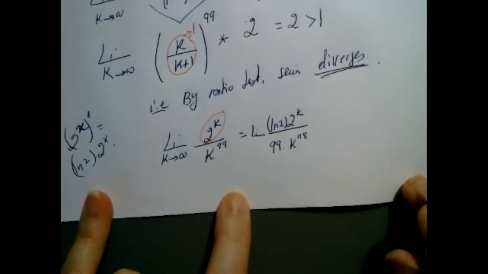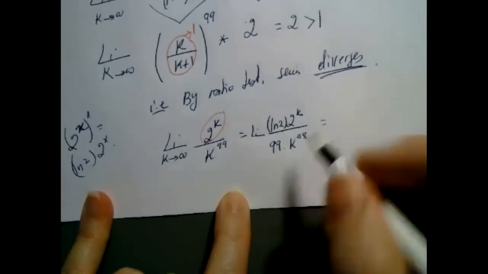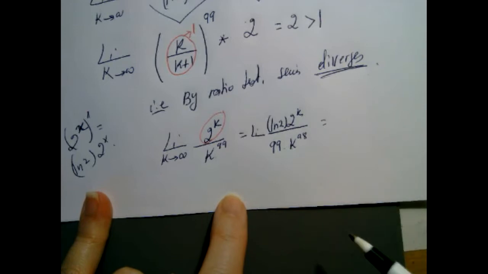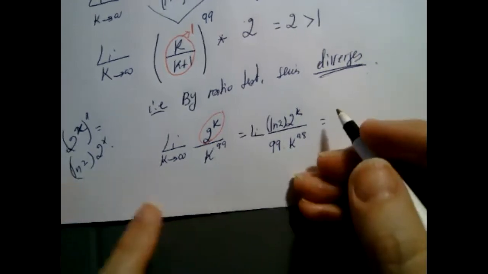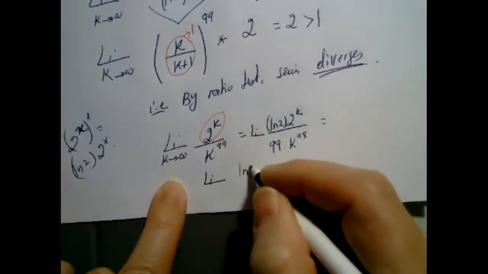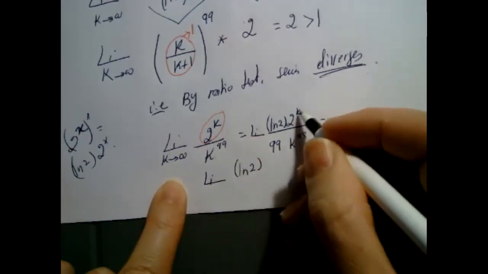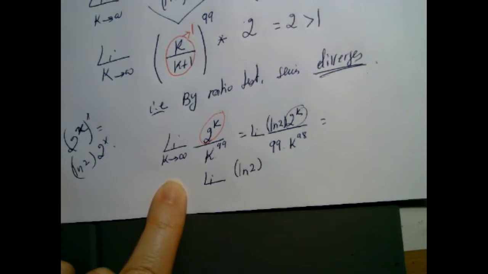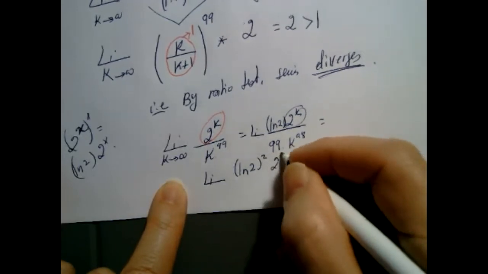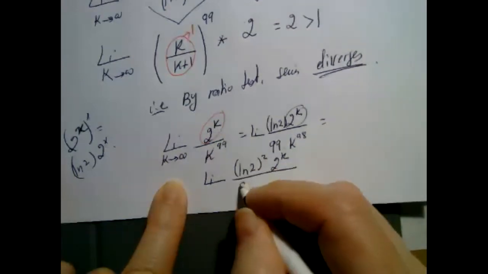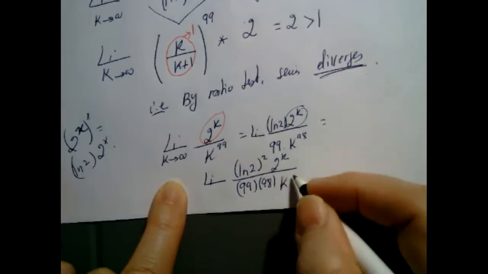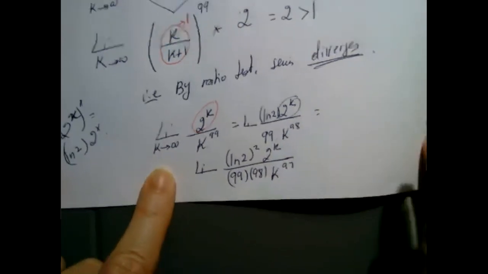Am I correct? When k goes to infinity, it's infinity over infinity, so I still have to apply L'Hopital's rule again. I'm not going to apply it forever because it's going to be boring. I apply it again. ln 2 is a constant. The derivative of 2 to the k gives another ln 2, 2 to the k over 99 times 98, k to the power 97.